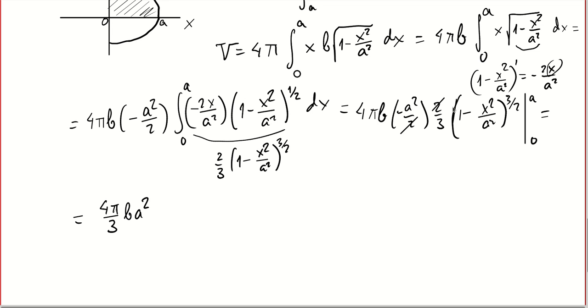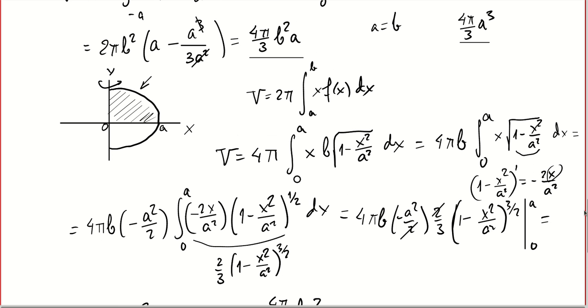So we have to subtract the value of this at 0, and at 0 this is just 1. We have to subtract, but there's a minus here, so the product is a plus, and so you just multiply by 1. So you get the formula for the volume, which is 4 pi over 3 b a squared, which is pretty much the same formula that we obtained before, but a and b are interchanged here.